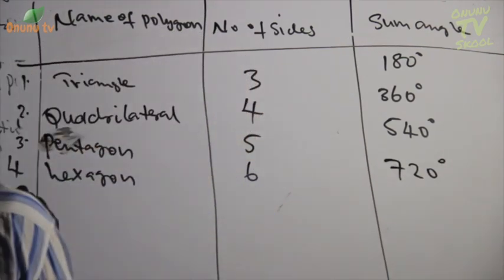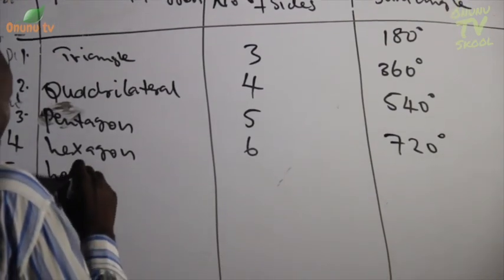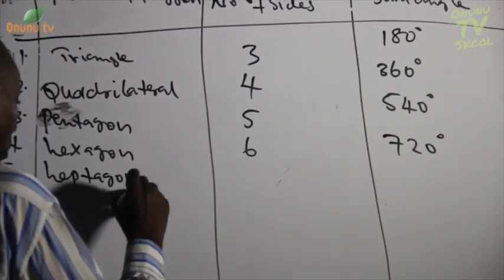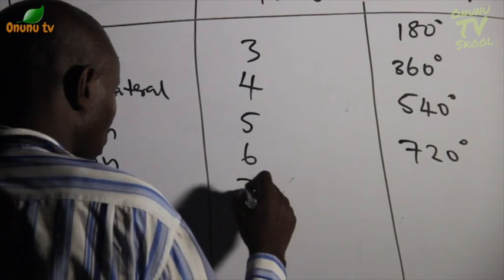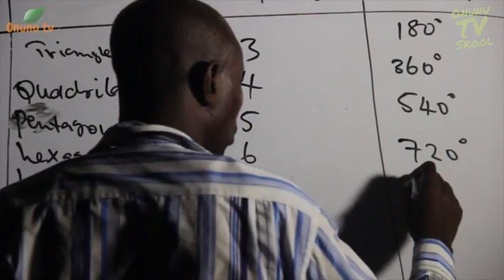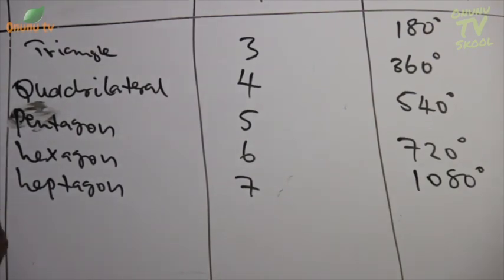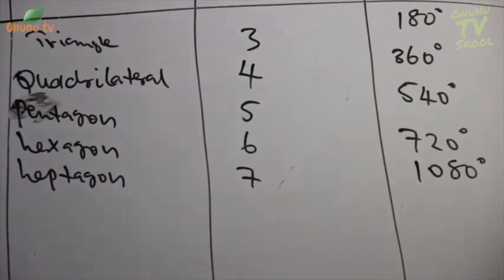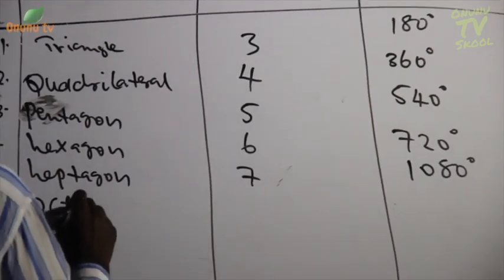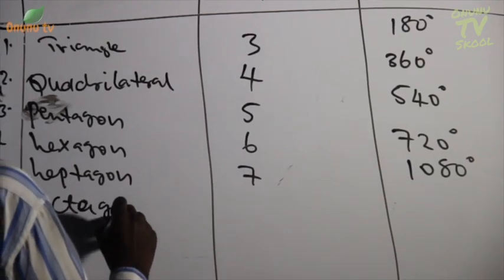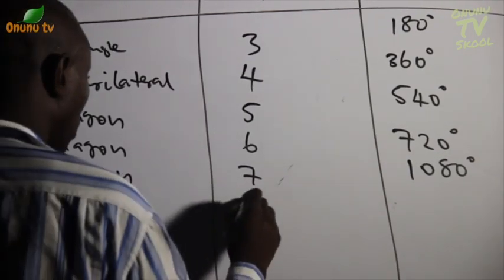Number 5 is heptagon. Number of sides is 7. Sum angle is 900 degrees. Number 6 is octagon. Number of sides is 8.